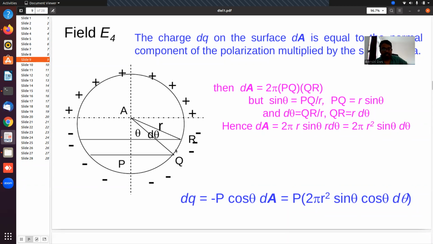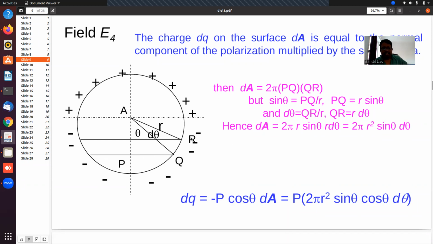This is P cos theta dA. This polarization has a negative sign because the induced and net electric fields have opposite directions. So we have to calculate this dA to calculate the charge at the sphere surface.